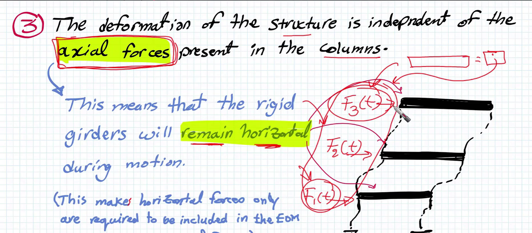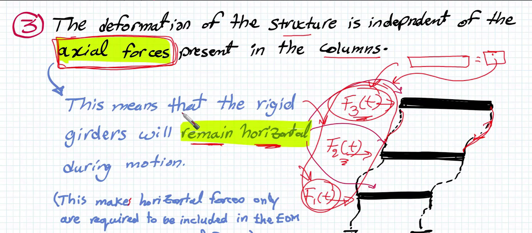So the forces that we put in our equation of motion, or in the differential equation, are going to be concerned with the horizontal forces only. At the same time, we are not going to consider any vertical forces or axial forces in columns. They are going to be excluded. We are not going to assume that they affect anything regarding the differential equation or the motion of the horizontal girders.